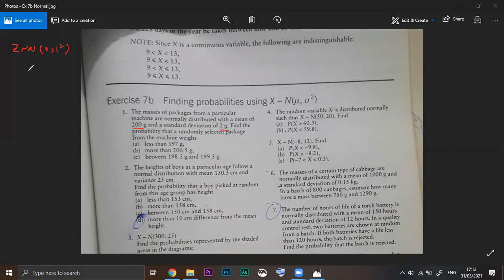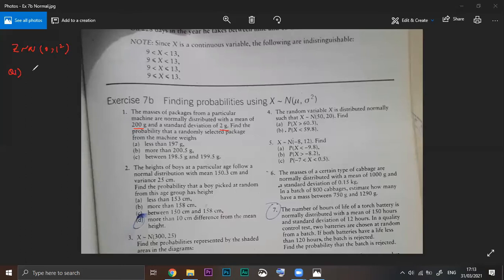Now we will write the definition of this distribution. Can we say that this distribution is standard normal? No. Why? Because in standard normal the mean should be zero and the standard deviation should be one.